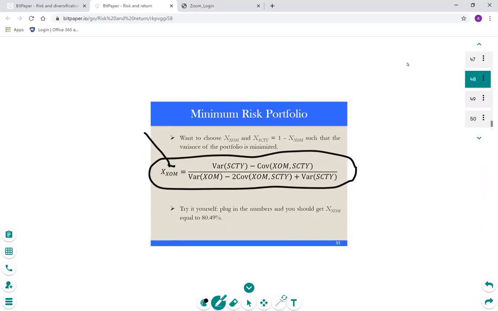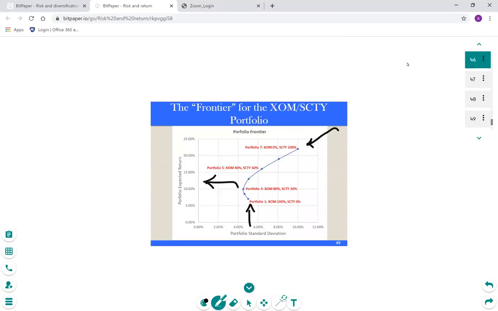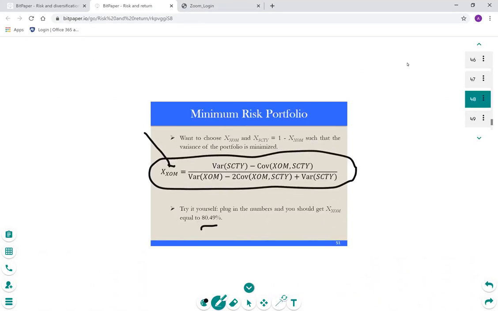When you plug that in, you get the minimum risk portfolio, which is going to have 80% of it in ExxonMobil, and that's represented by roughly this point right here, where you get as far over to the left on that frontier as you possibly can. That's one way to do it, to minimize the risk.